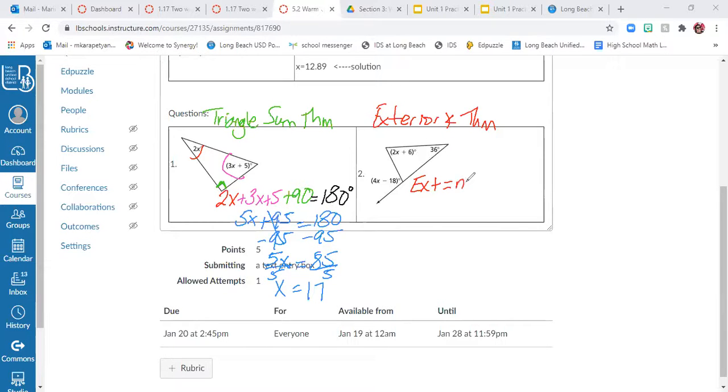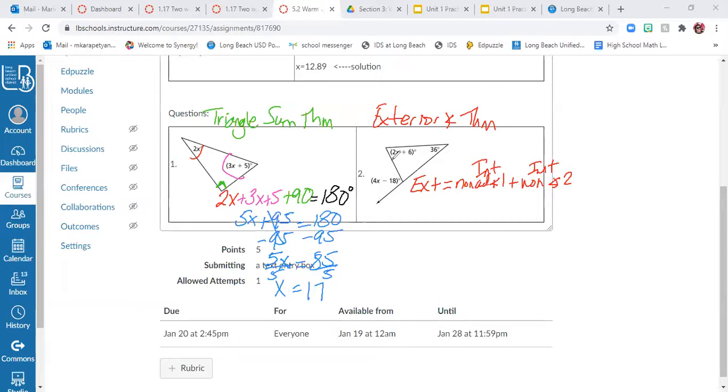So we have non-adjacent angle 1 and then non-adjacent angle 2, and these are both interior angles. So one exterior angle is equal to the 2 non-adjacent interior angles added together.